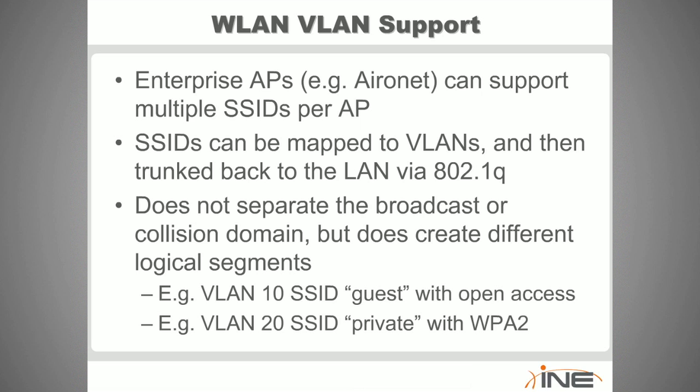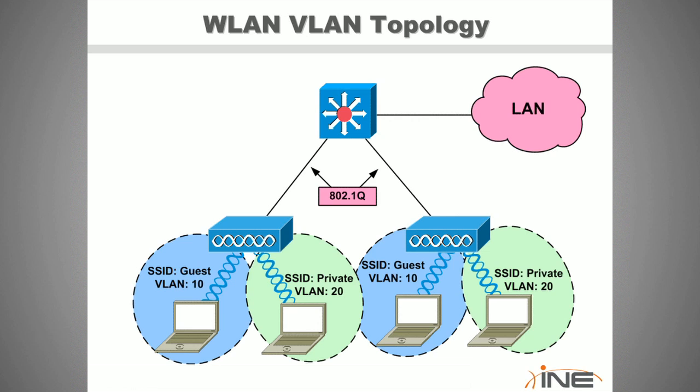So with the wireless VLANs, basically what we're doing is specifying that based on the SSID, the different VLANs have different properties. So we could say that VLAN 10 with the SSID guest has just open access. But VLAN 20 with SSID private has WPA2. So when we connect back to the rest of the physical topology, there's going to be an 802.1q trunk link between the AP and the layer 2 switch that's connecting it back to the LAN.